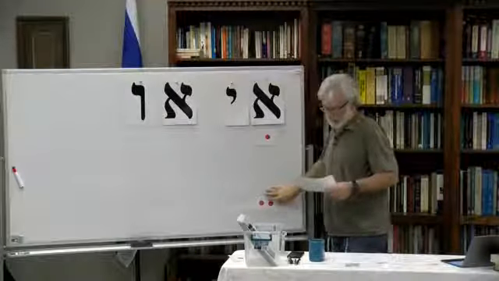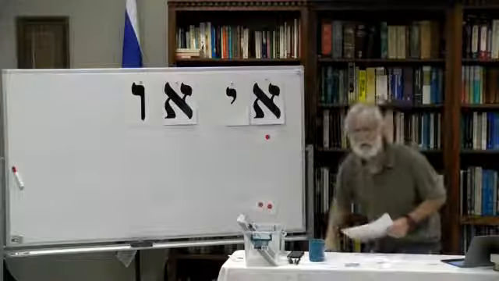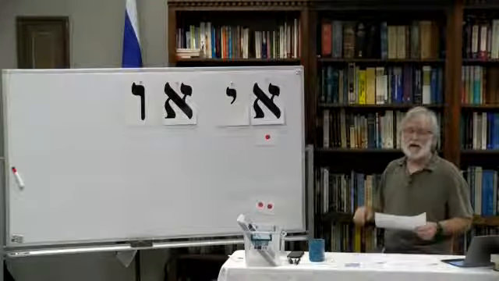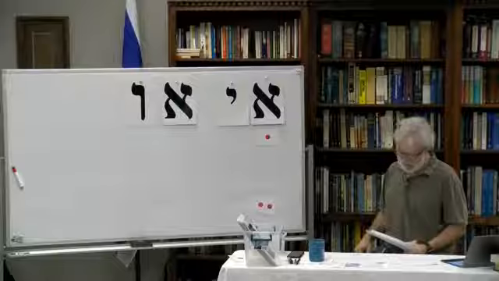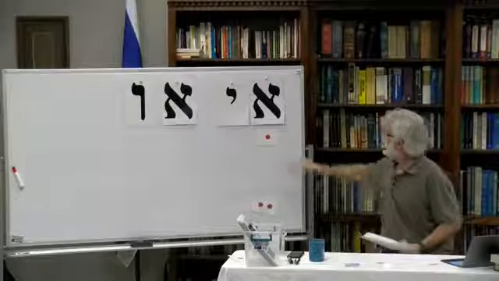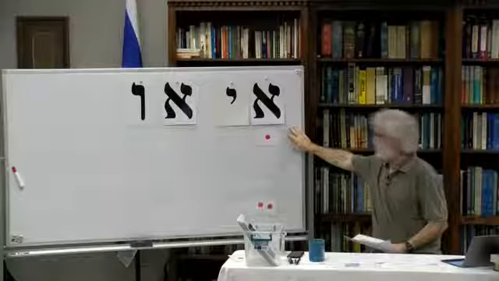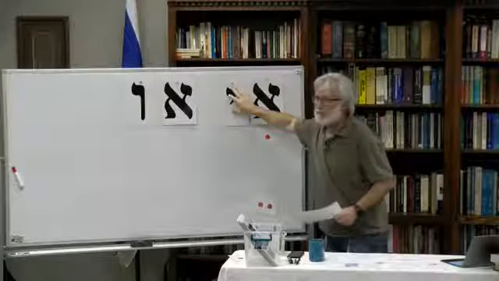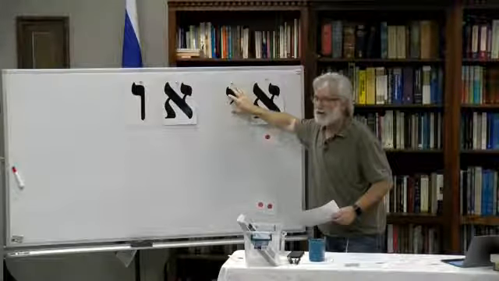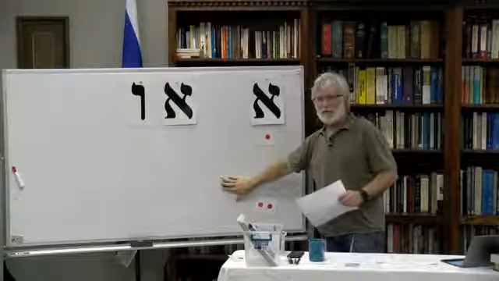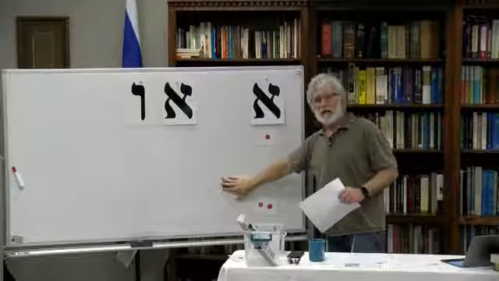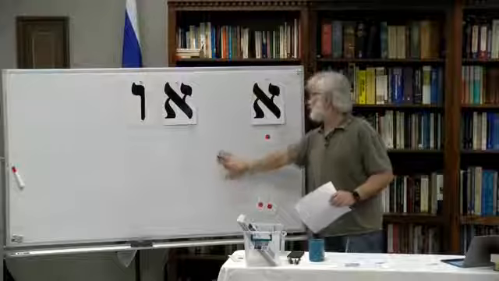this in your chart. This is called the Hirik Yod. Okay? And if you notice on the chart, this is a long vowel sound. I have to go through some of this tonight, so bear with me. If you take the Yod out, it's a Hirik, and it is a short sound.